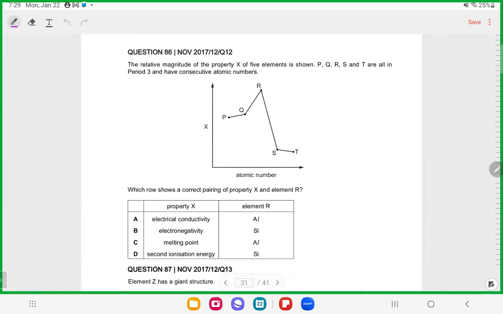I think this is a graph of a melting point. Am I right? हाँ, R aluminium नहीं silicon होना चाहिए. That's true.